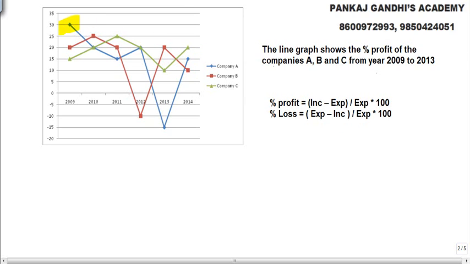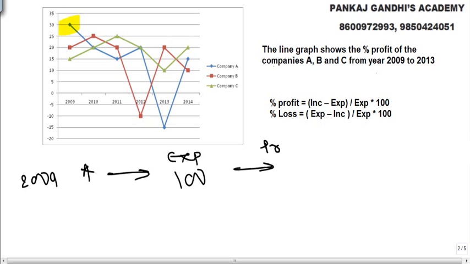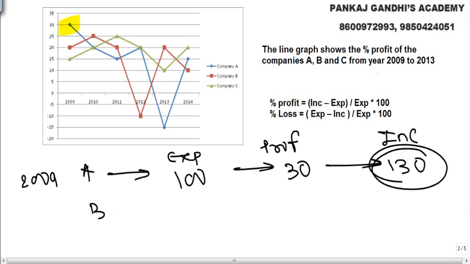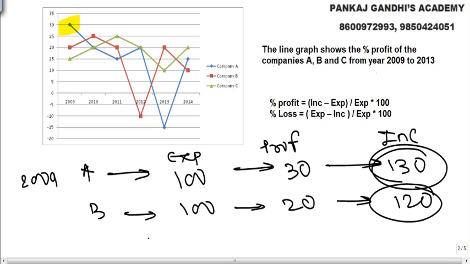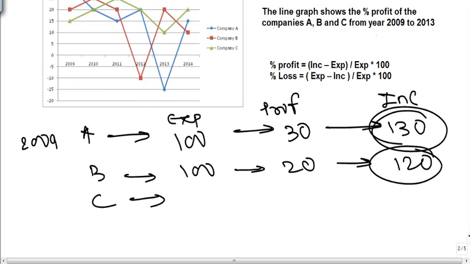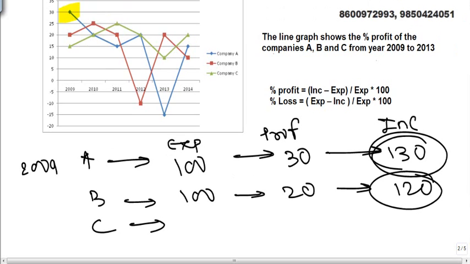Listen, meaning is in 2009 for A, if expenditure was 100, profit was 30 and income was 130. For B, if expenditure was 100, profit was 20, and for C, if expenditure was 100, profit is 50.